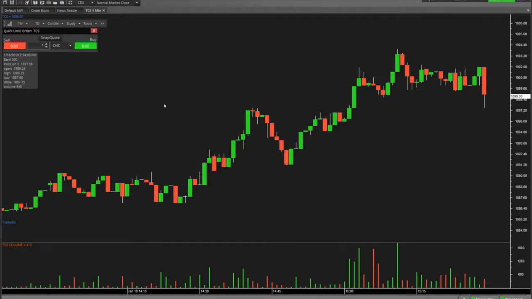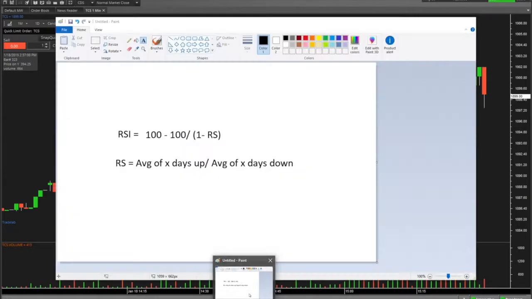In today's video, we are going to look into RSI and how RSI is helpful while getting more confirmations or taking positions, right? So let's go and just check the basic formula or how RSI is getting plotted on our chart.